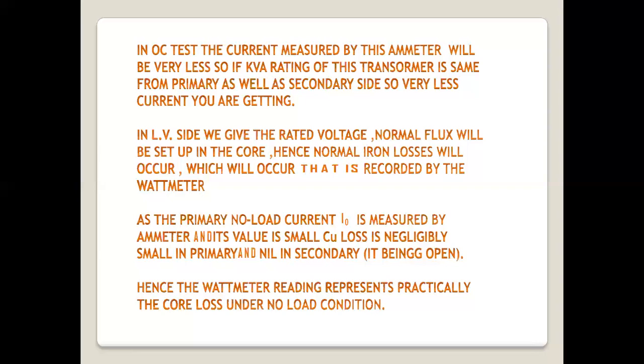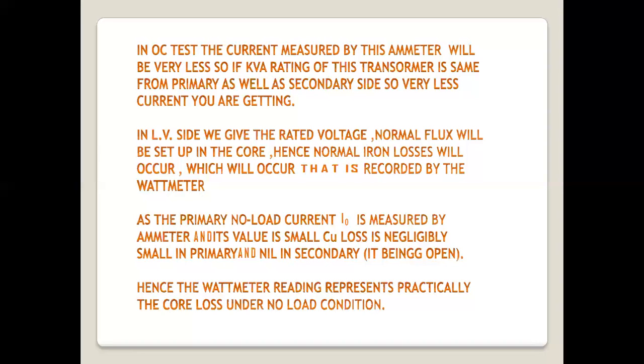As the primary no load current I0 is measured by the ammeter and its value is very small, the copper loss is negligible, or the copper loss is small in the primary and nil in the secondary, because the secondary is open circuited. The high voltage side is open circuited, so the copper loss is negligible, and the current measured in the low voltage winding, that is I0, is very small.